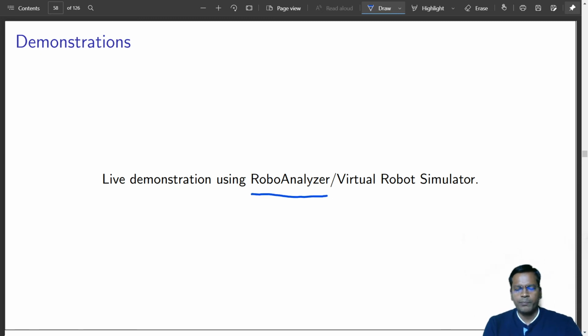It is developed at IIT Delhi under Professor S.K. Saha and developed by a team led by Professor C.G. Rajeevalochana. You just go to a website called roboanalyzer.com. You can just Google it and download the software, the one that I used at the beginning of my class when I showed a spherical wrist. That animation was created using this software only.